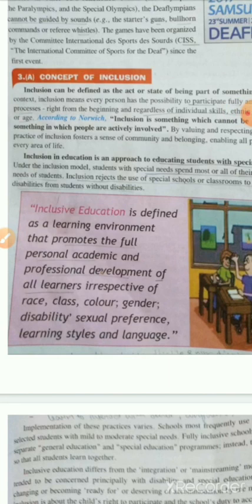Concept of inclusion. Inclusion can be defined as the act or state of being part of something larger, meaning including someone or something as part of a group, list, etc. In a social context, inclusion means every person has the possibility to participate fully and equally in all social processes right from the beginning, regardless of individual skill, ethnicity, social origins, sex, or age.